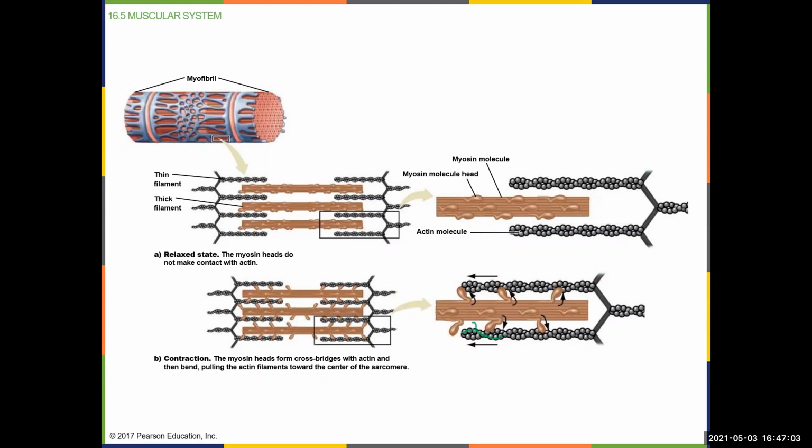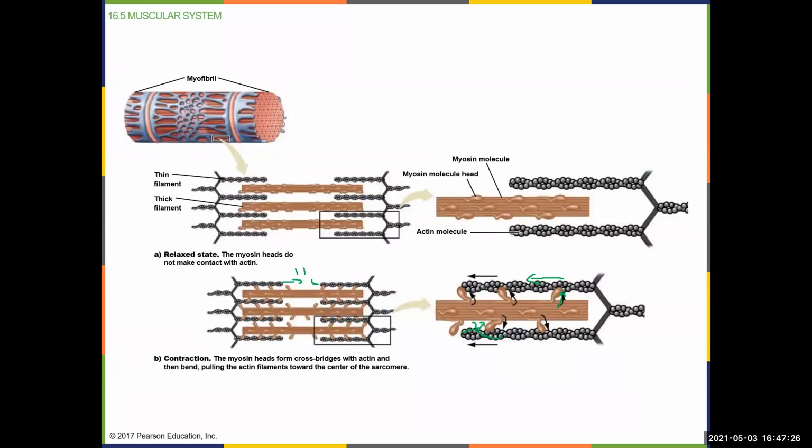The calcium will come in and bind, and it will shift this out of the way. And as it moves out of the way, then those myosin heads can attach to the actin and push that actin towards the center, creating a smaller gap, causing the sarcomere unit to shorten.